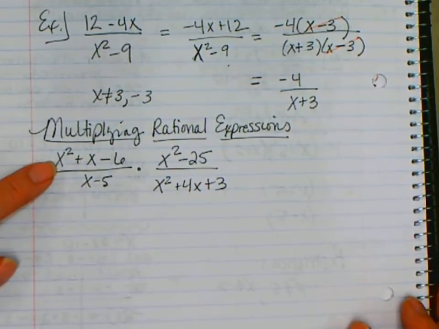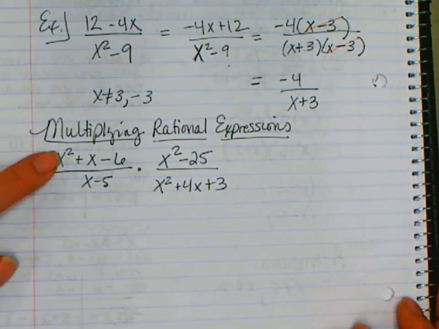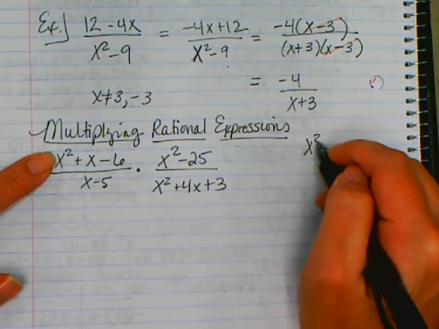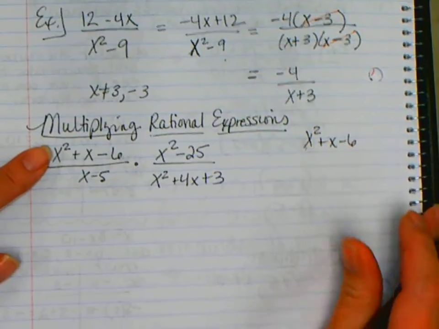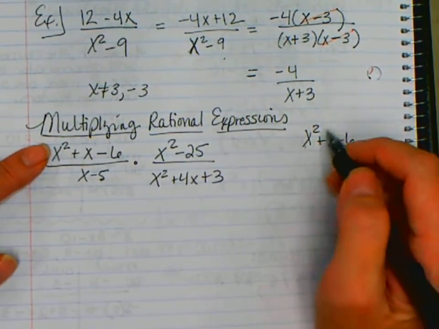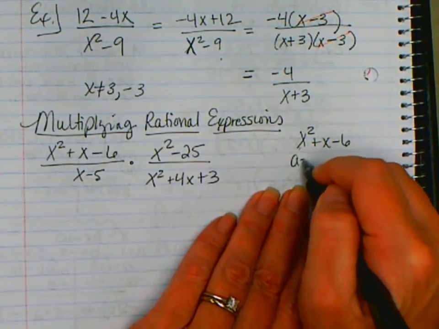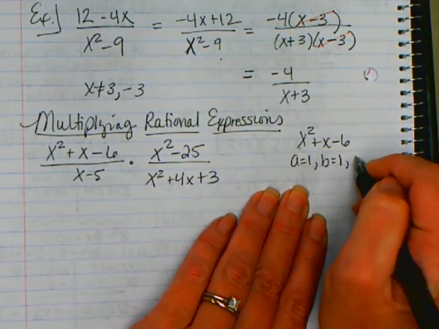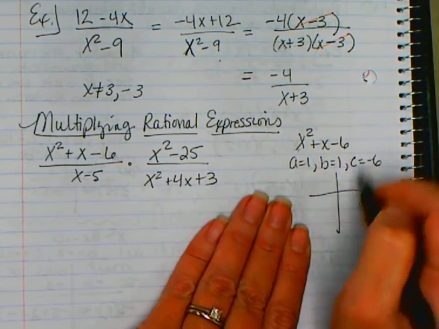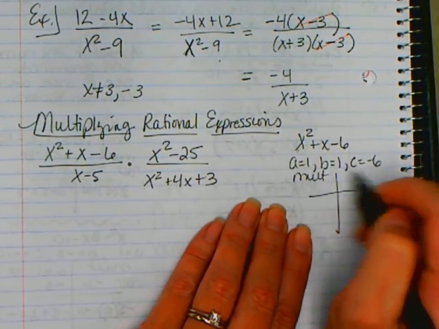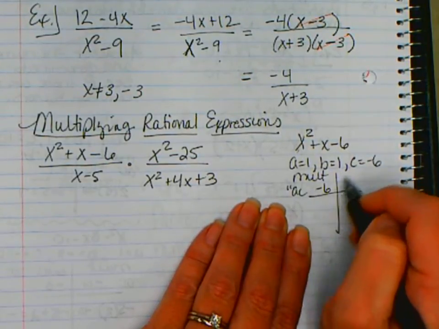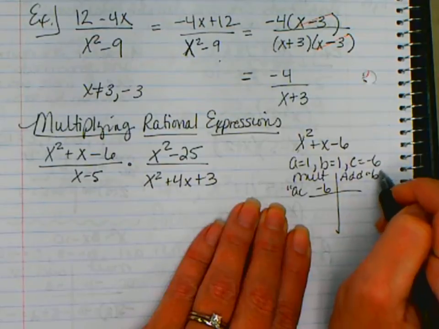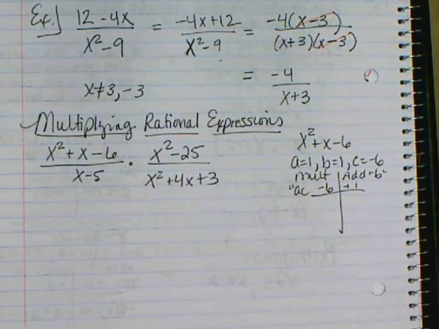So it doesn't matter where you start. I'll just do x squared plus x minus 6. And I'm going to write down in my notes what I'm working with, so when you look back at your notes, you know where I got what. So here a is 1, b is 1, c is negative 6. Two numbers that multiply together to give you AC would be a negative 6. And two numbers that add together to give you B is positive 1.